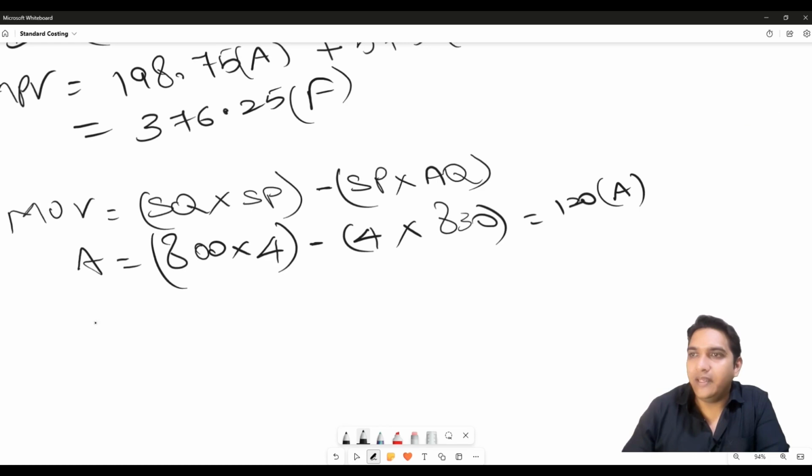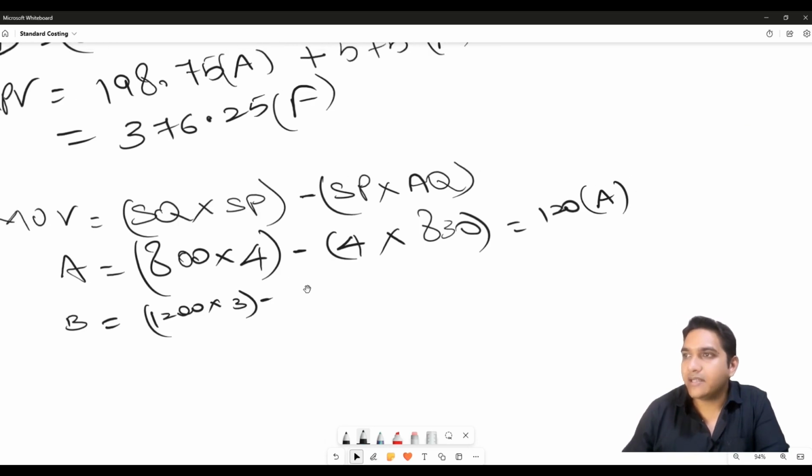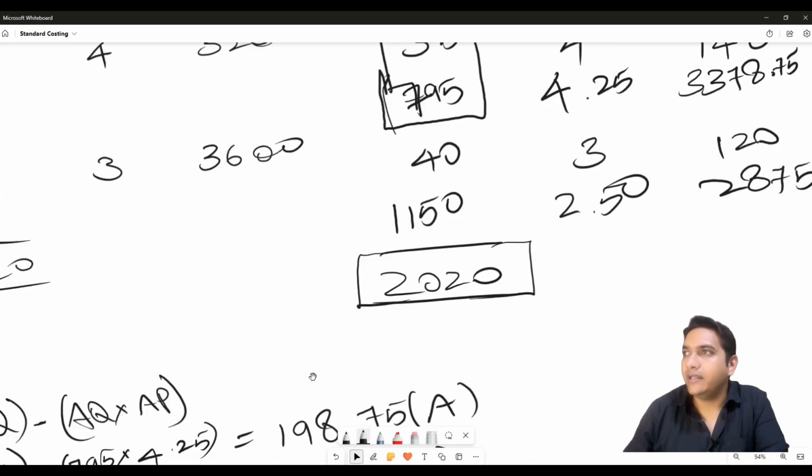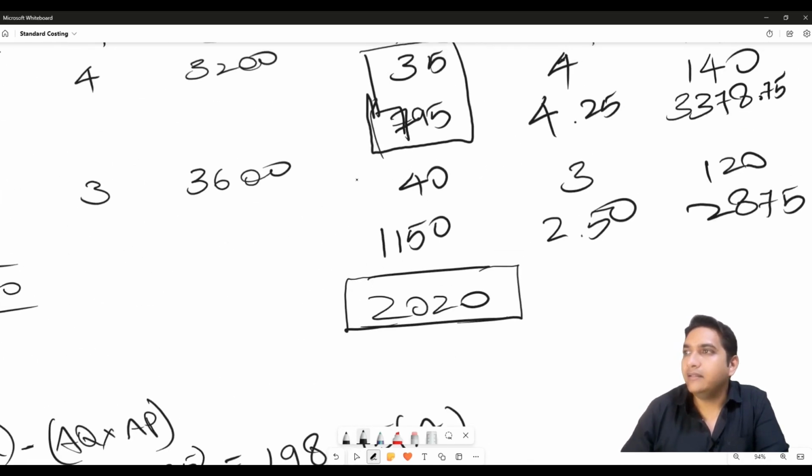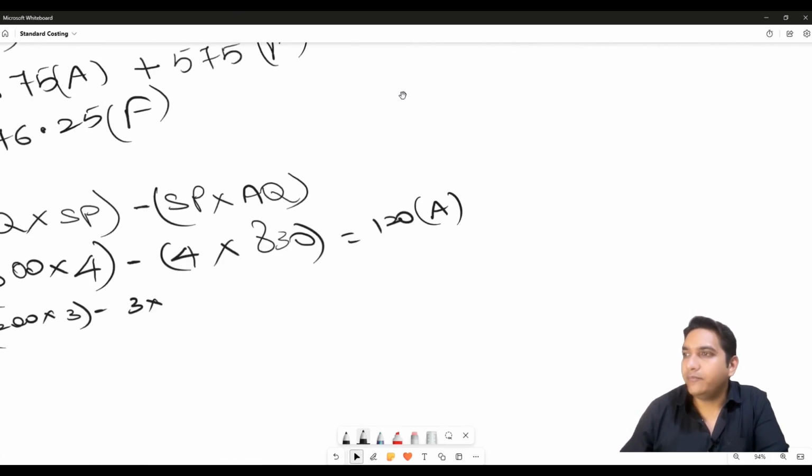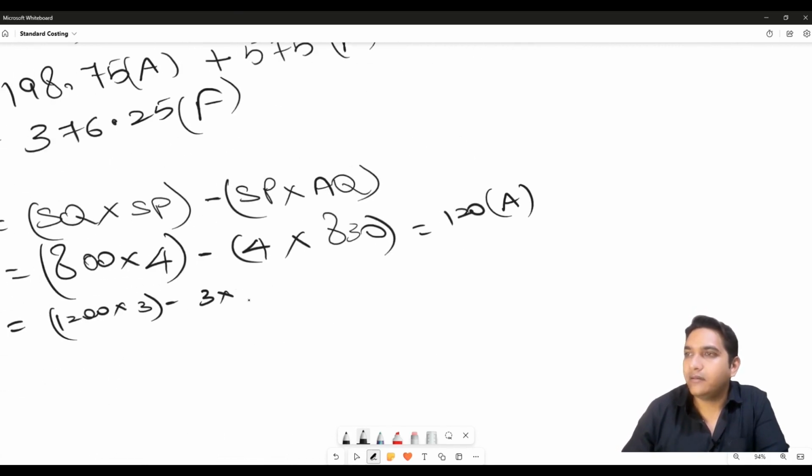Now coming to B, our standard quantity is 1200, standard rate is 3, minus standard price, again 3 multiplied by our actual quantity. Again here we have to add these two. We will have 1190. What will our variance be?